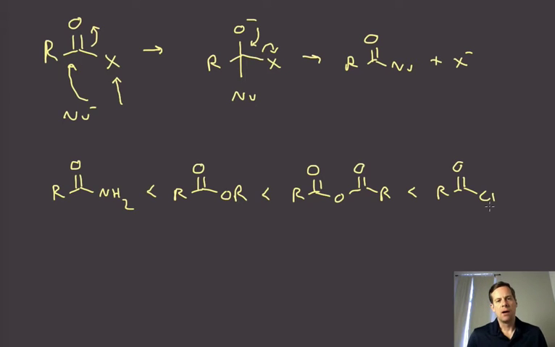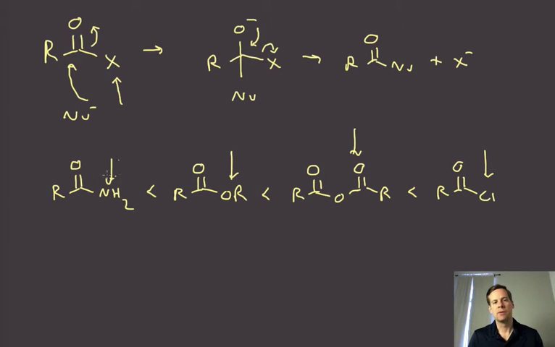If you want to tie this back to something you learned before, if you think about these substituents, these trends are essentially exactly the same as what you learned in the aromatic section. We're doing a nucleophilic acyl substitution, and you can think about the reactivity trends that you learned for nucleophilic aromatic substitution, or the reverse of the EAS reactions.